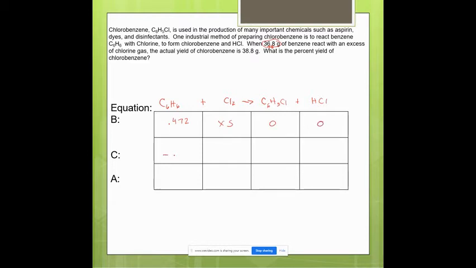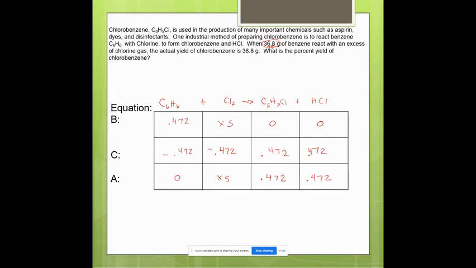So we're going to use all of this up, and we're going to form 0.472 over here. And we'll still have an excess amount left over here, and we won't have any of this left.